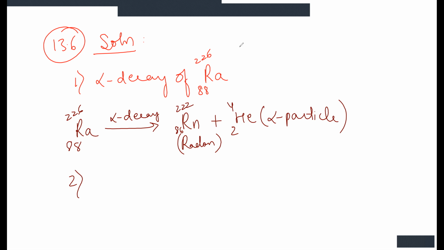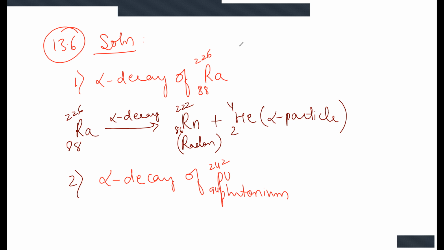And the second one: write the nuclear reaction for the alpha decay of Pu, plutonium.